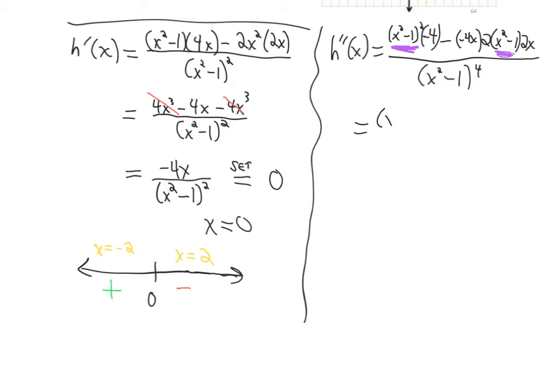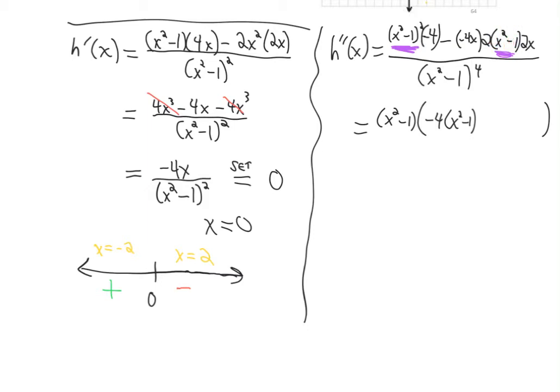I'm going to factor out the x squared minus 1, and that will leave me with, well, there'll be one x squared minus 1 left over here. There'll be a negative 4. So it'll be negative 4 times the quantity x squared minus 1. All right, and then for the second term, I'm going to factor out this x squared minus 1, so that's gone.